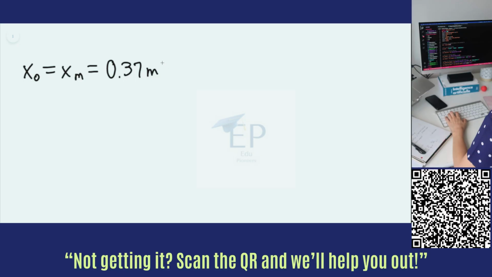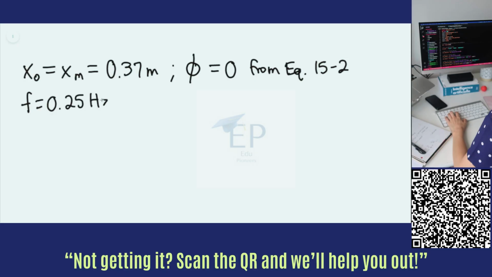So we can then infer that the phase constant, phi, is going to be equal to 0, and that would be from equation 15.2.